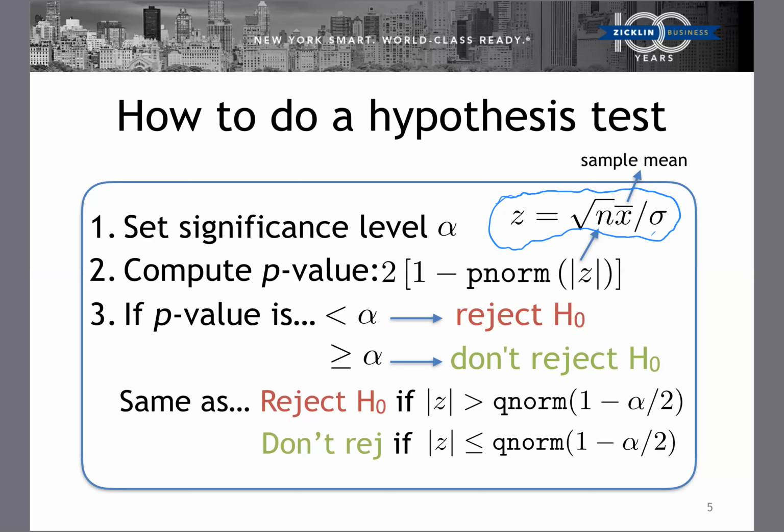Small values of z, by which I mean absolute values close to 0, lead me to not reject the null. So you can effectively do the hypothesis test by finding the z statistic and comparing it against this quantile, or equivalently look at the p-value.